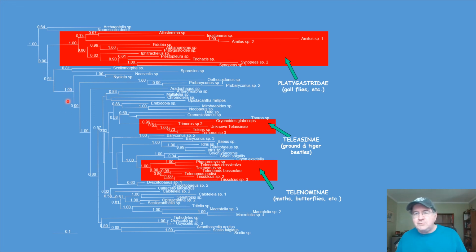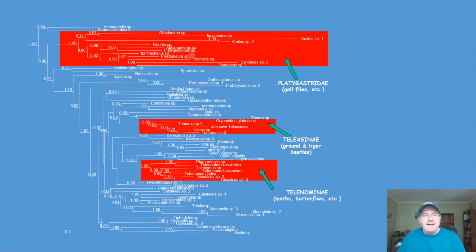That's about as true as you can get. However, we see a branch above this, what they call the main Celeonid clade, leading to Celeomorpha and Sparazion there. And then at the base of the tree, we see another couple of taxa, Archaeotelia and Neurocelioidae there.